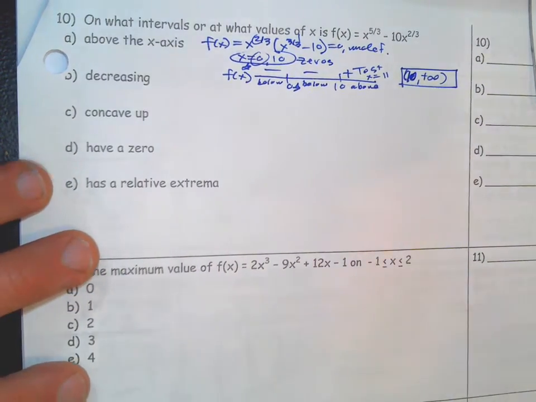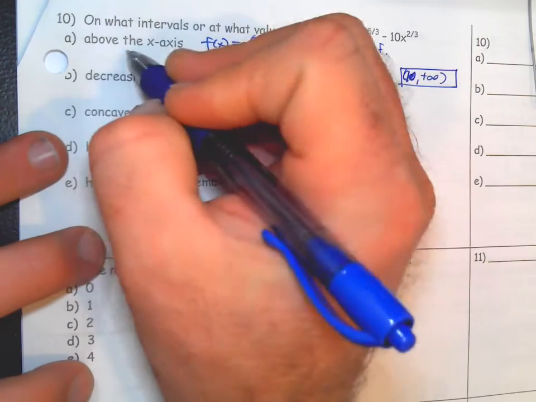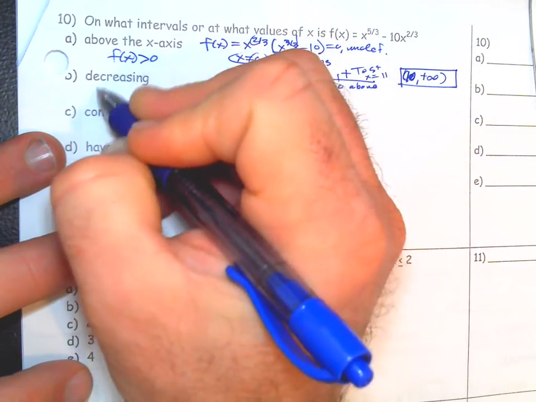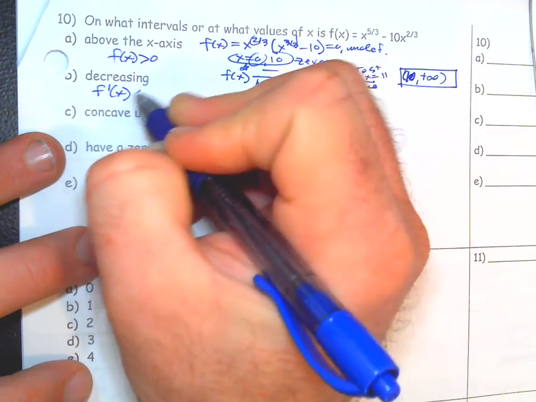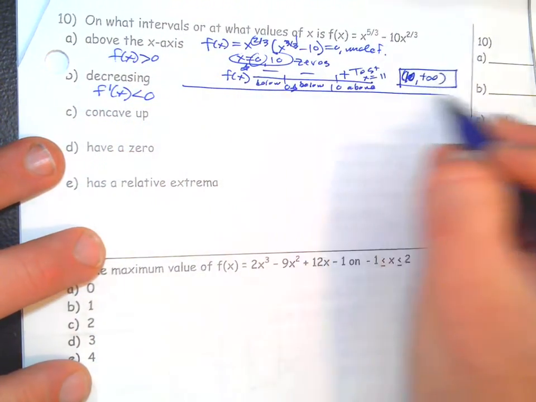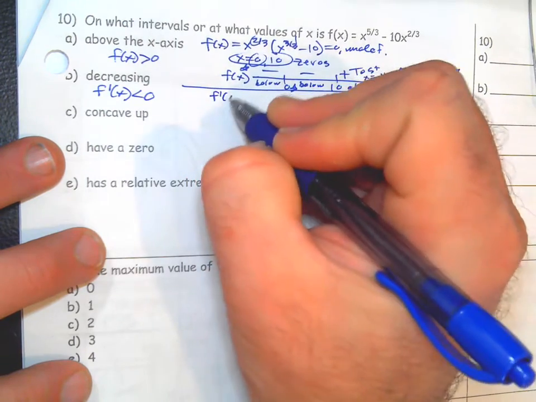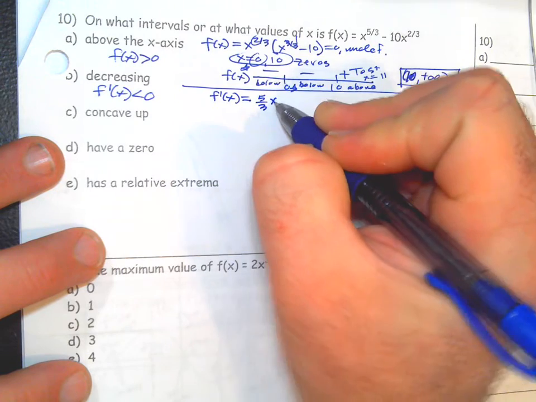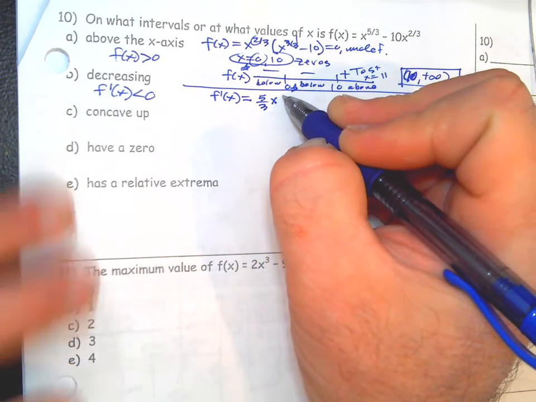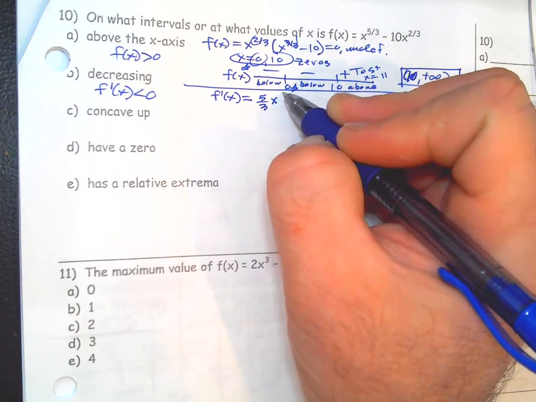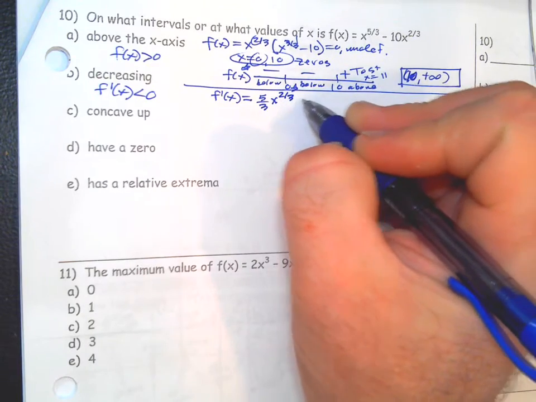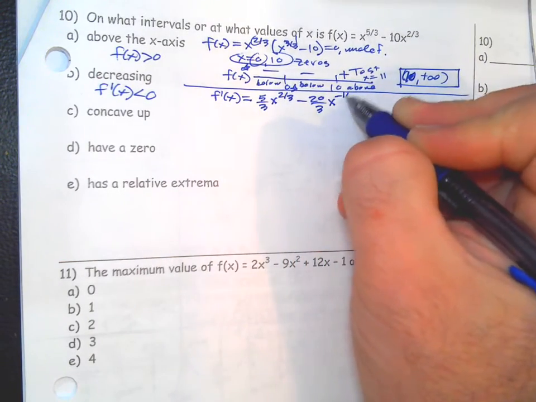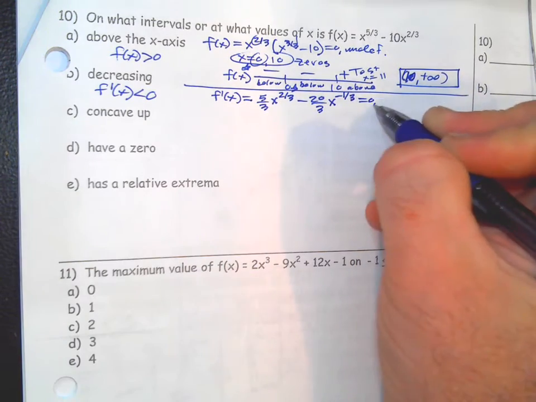Okay, decreasing. So above the x-axis is just when the original function is positive. Decreasing is when the derivative is negative. So let's find the derivative: f prime of x equals 5/3 x to the 2/3 (if you subtract 3/3, you get 2/3) minus 20/3 x to the negative 1/3 equals 0 or undefined.